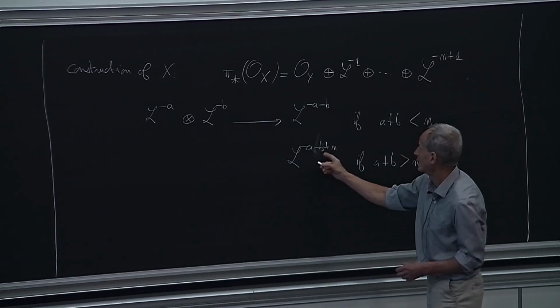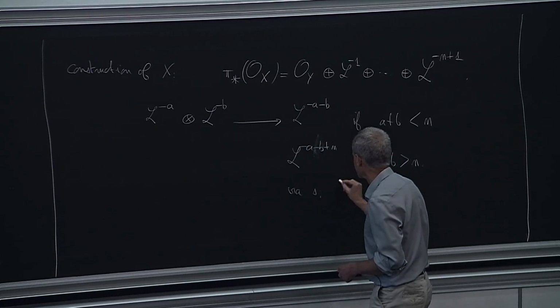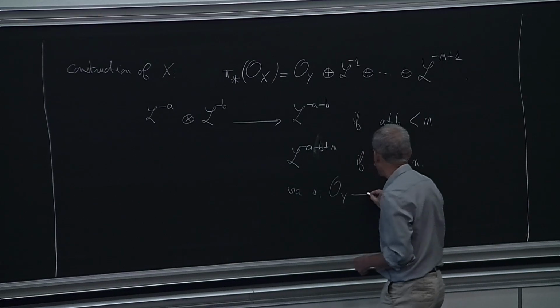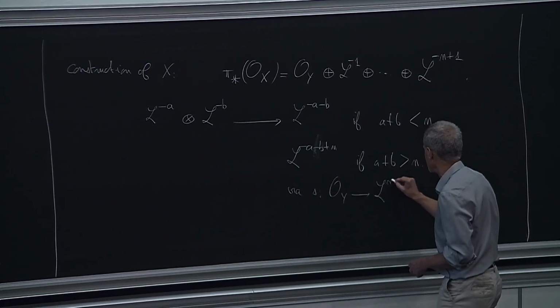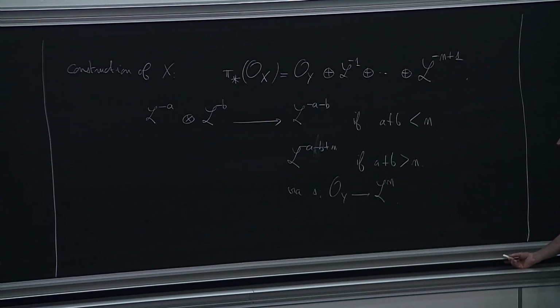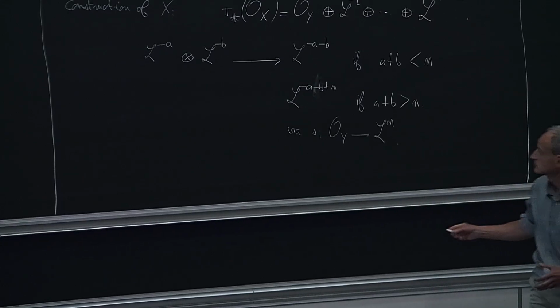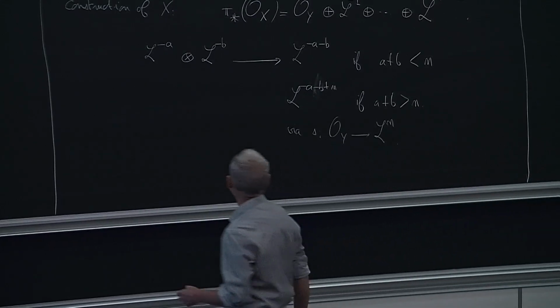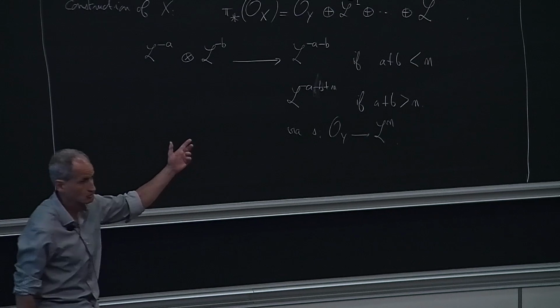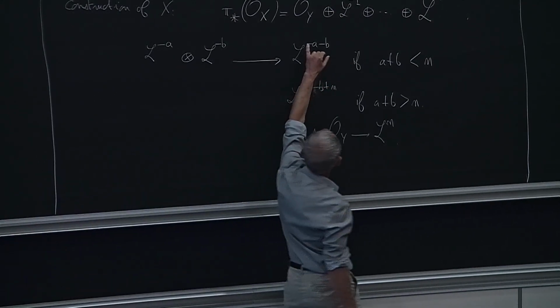And you have to multiply by the section, which goes from O_Y to L to the n. So this puts you back in place. It's a kind of pedestrian description, because in this way you see some group action on this, which corresponds to the grading.